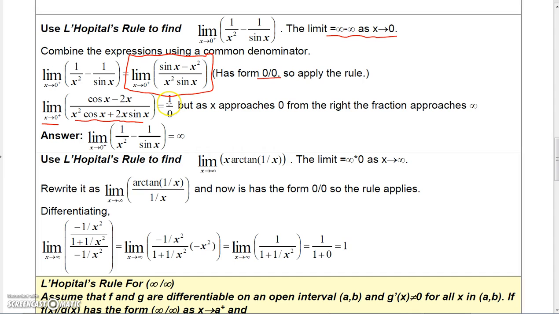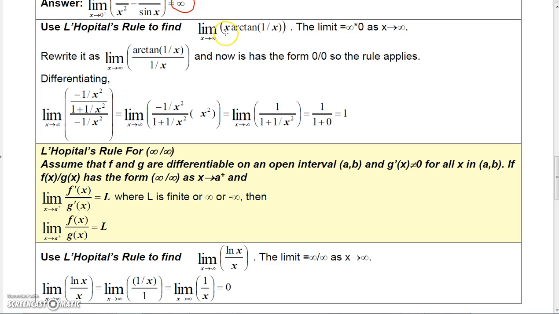So as the bottom goes to 0, 1 over 0 is going to go to infinity. So that limit is actually going to be infinity. So therefore my original limit must also be infinity.